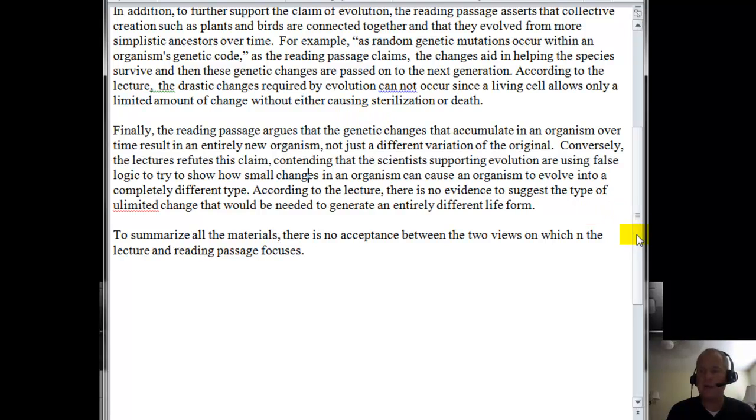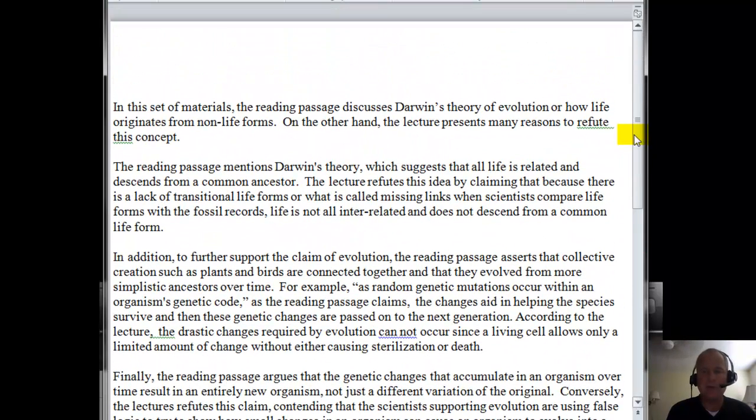Okay, so let's take a look at it one more time. We got to really look at this thing. This is complicated. In this set of materials, the reading passage discusses Darwin's theory of evolution, or how life originates from non-life forms. On the other hand, the lecture presents many reasons to refute this concept.